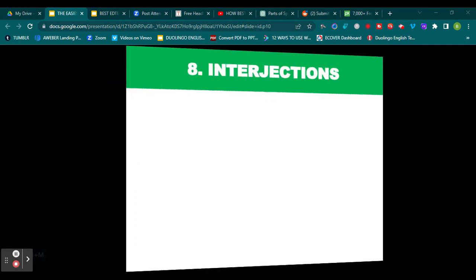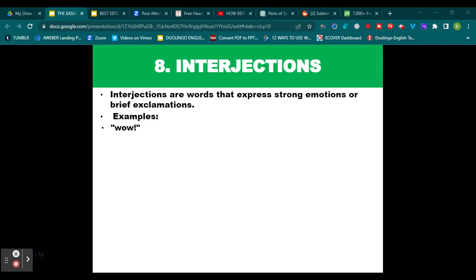This brings us to the last but not the least of the parts of speech, and that is interjections. What exactly are interjections? Interjections are words that express strong emotions or brief exclamations. Let's look at examples. Wow, oh, ouch, bravo.